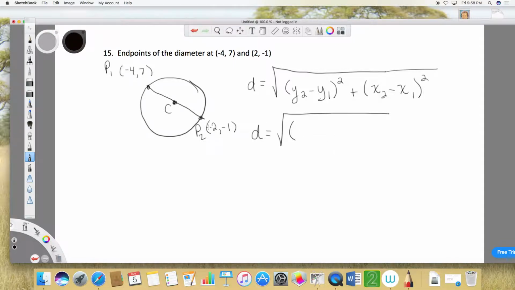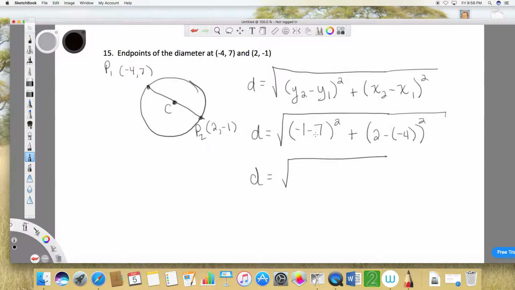So I've got, say, -1 - 7. I'll square that. And then for the x coordinate for point 2, I've got 2 minus a -4. That's the other x coordinate. And square that. And let's see what we get here.